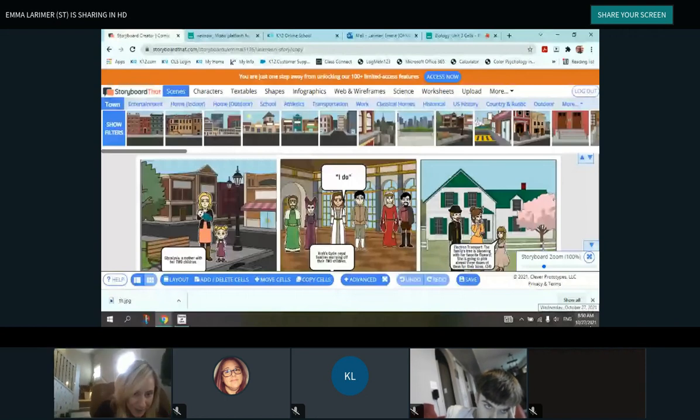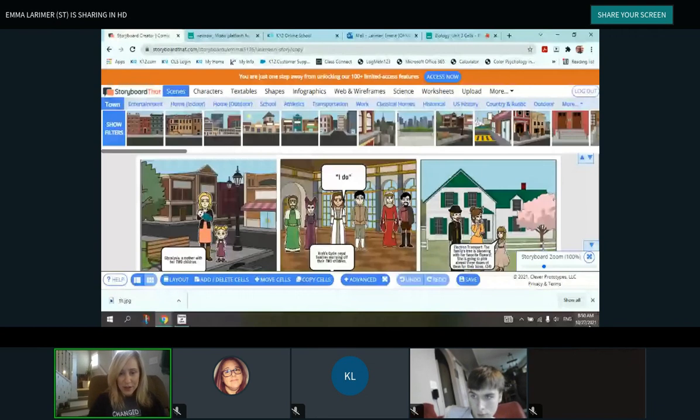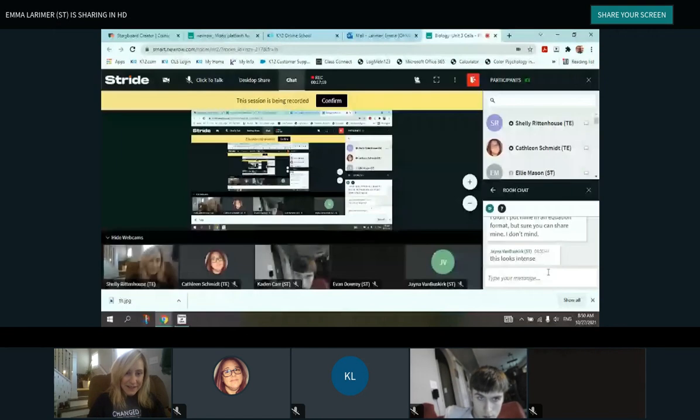Awesome. For some reason, I'm having a really hard time reading the text. You mind putting the text in if you don't want to read it? It looks so cute. That is so cute.